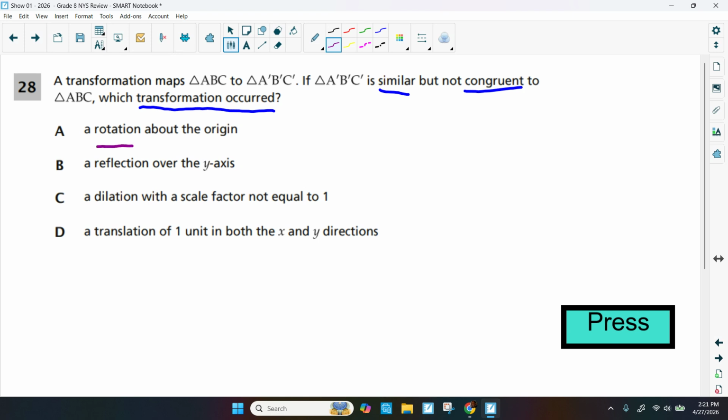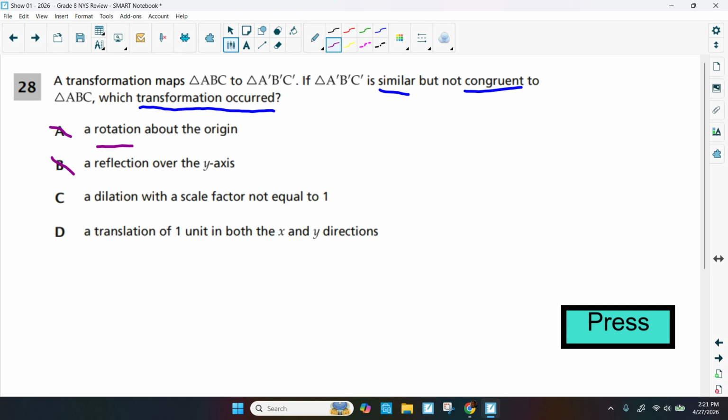Rotation about the origin. No, it's not spun or rotated. Reflection. It can't be a reflection around the y-axis because it's similar but not congruent. So reflection means you're looking in the mirror and you're still seeing the same thing. So that's why reflection is not the answer, because you have a shape that's similar but not equal or congruent.